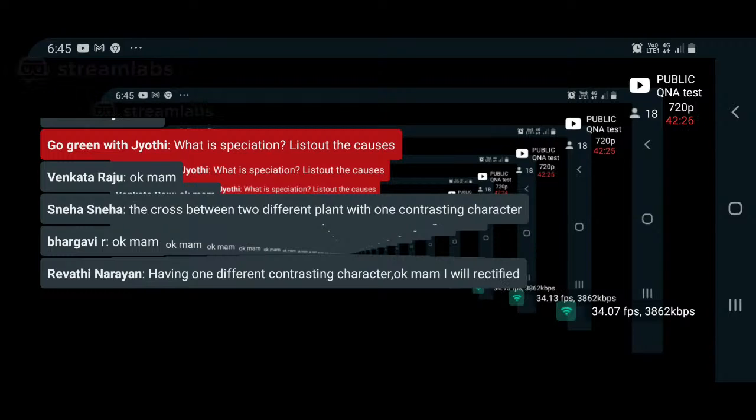Hope it takes time. Okay, few can go with definition of speciation, and others can go with causes. Yes, Revati. Now it's rectified. Good. Now what is speciation? List out the causes.